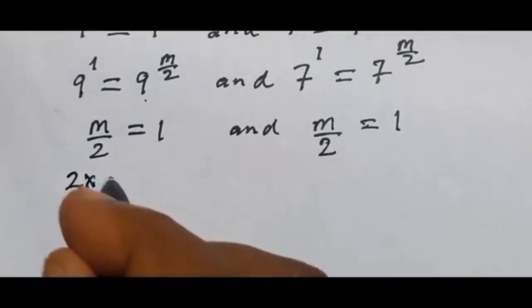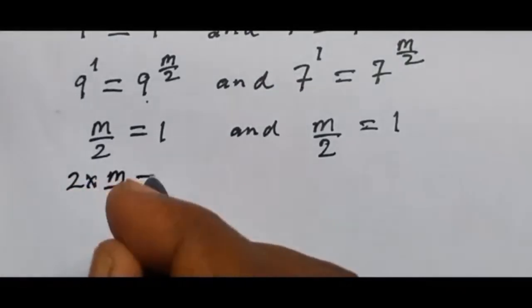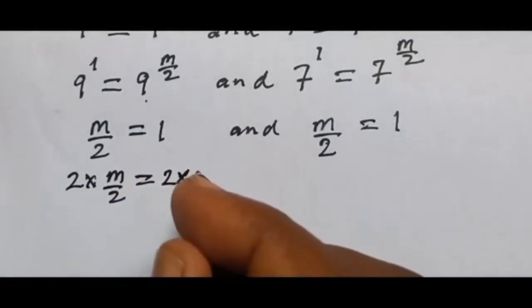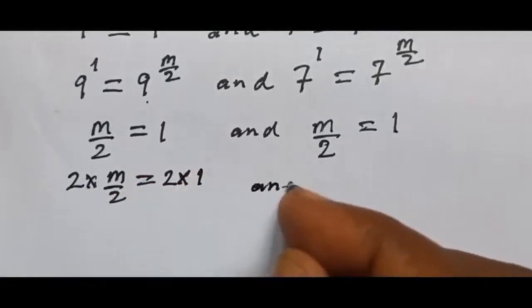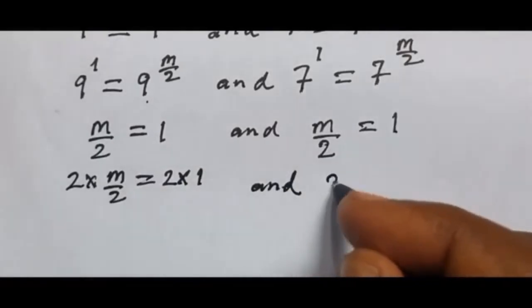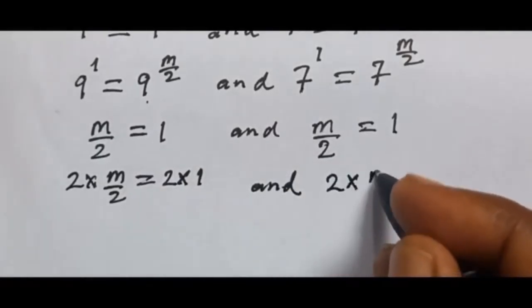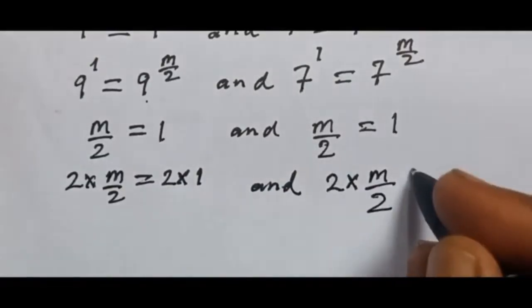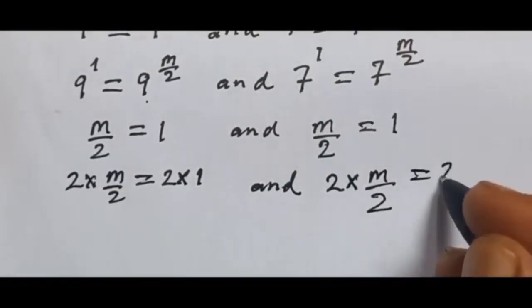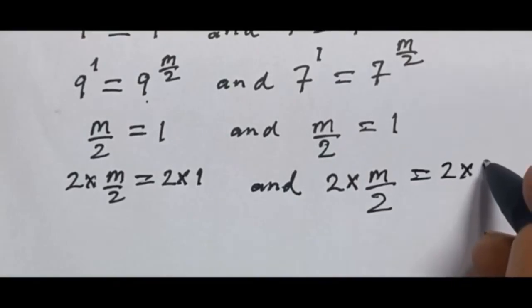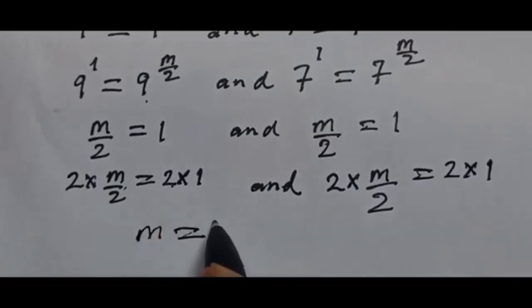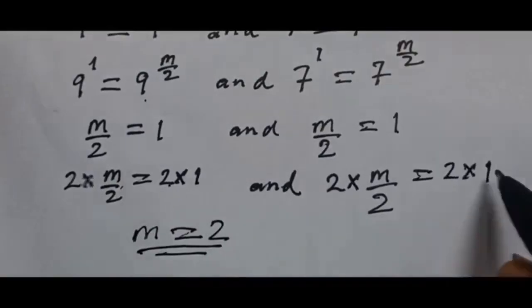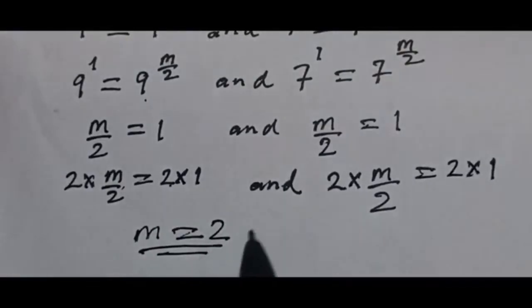Multiplying by 2 both sides. 2 times m over 2 equals 2 times 1. These 2 cancel, we remain with m equals 2 times 1, which is 2. The same applies here. We're going to get m is 2.